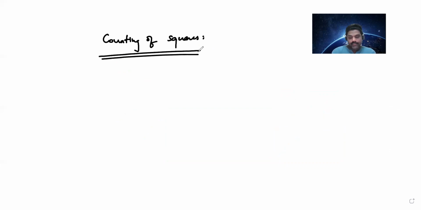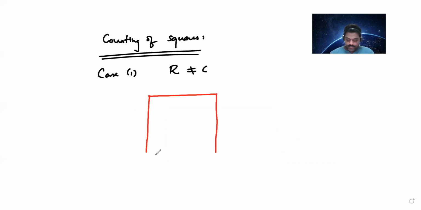Then moving on, counting of squares. Now when I say counting of squares, we have 2 cases once again here. Case 1: the number of rows is not equal to the number of columns. So for example, let us say I am giving you a grid like this.